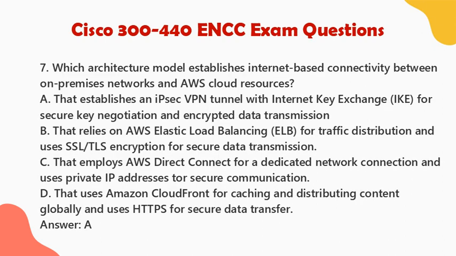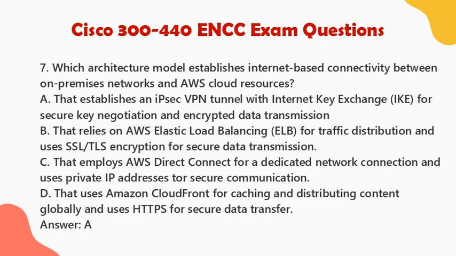7. Which architecture model establishes internet-based connectivity between on-premises networks and AWS cloud resources? A. That establishes an IPsec VPN tunnel with Internet Key Exchange (IKE) for secure key negotiation and encrypted data transmission. B. That relies on AWS Elastic Load Balancing (ELB) for traffic distribution and uses SSL/TLS encryption for secure data transmission.